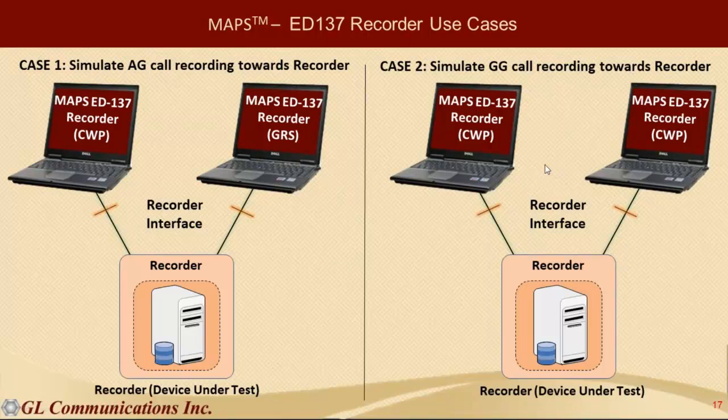In this second case, we are trying to simulate the ground-to-ground call recording towards the recorder. All the other aspects remain the same. The only difference is that in the first case we emulate the air-to-ground call recording, and in the second case the ground-to-ground call recording. In these two scenarios, the recorder is the manufacturer's equipment, and Maps is testing the deployed recorder at that point.